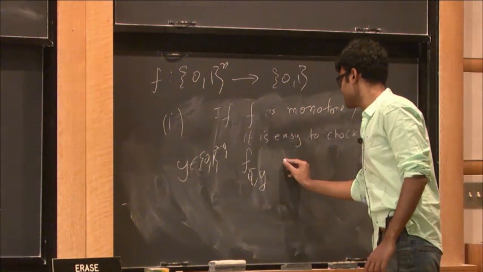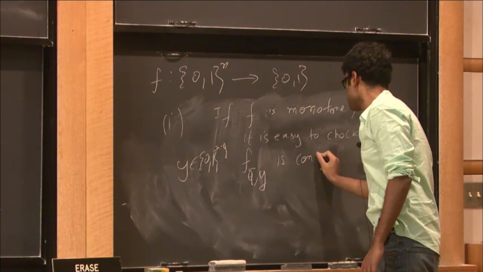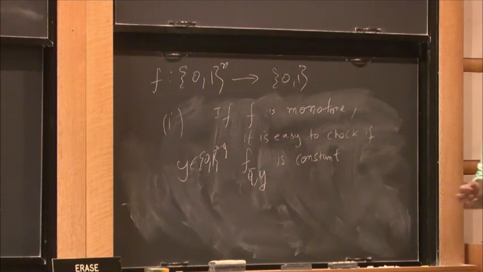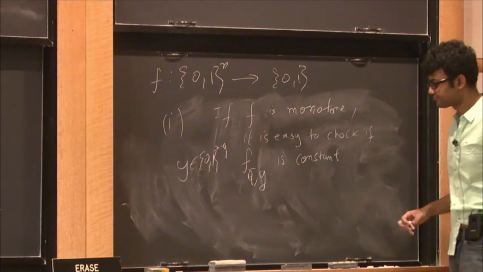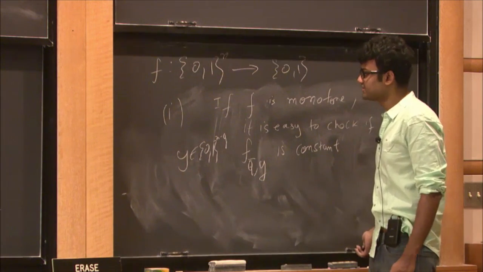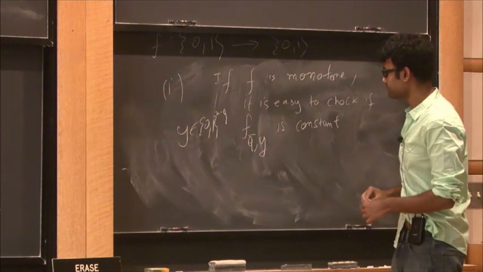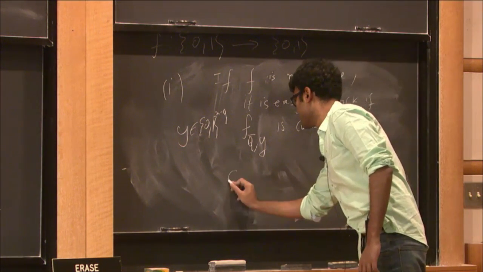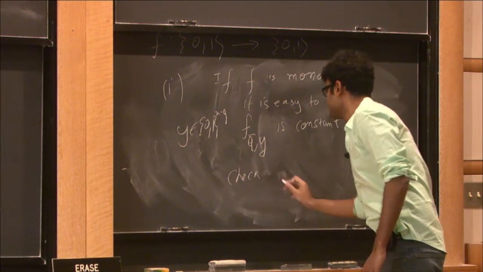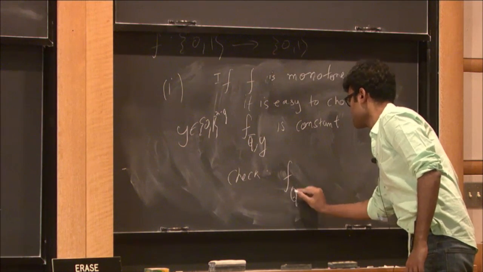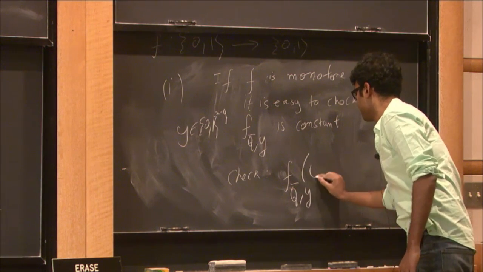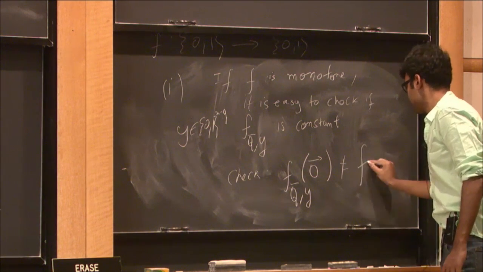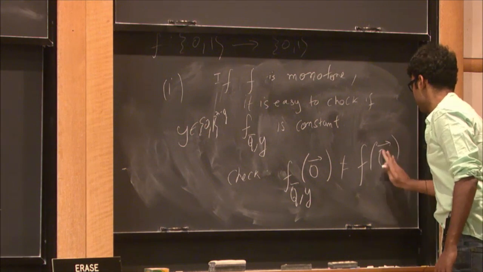If this function is fixed or is a constant function, how do we do this? All we can do is check if f q bar y of 0 bar is not equal to 1.